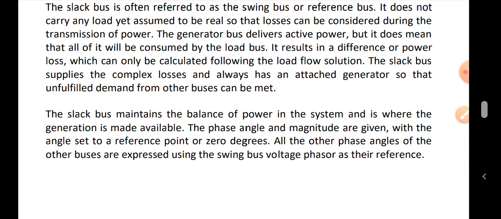It means voltage V and delta, these two are specified on these buses, while P and Q are variable quantities on these buses, which depend upon the losses in the system and are used to compensate for the losses in the system, so that a better analysis can be done.